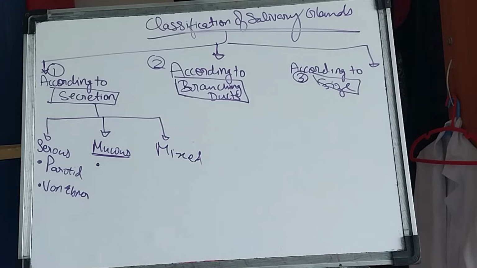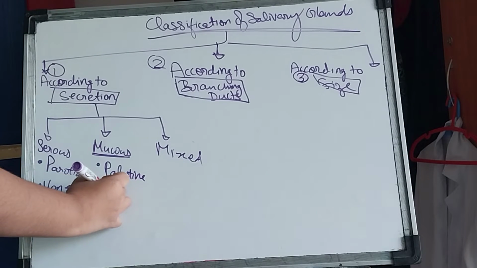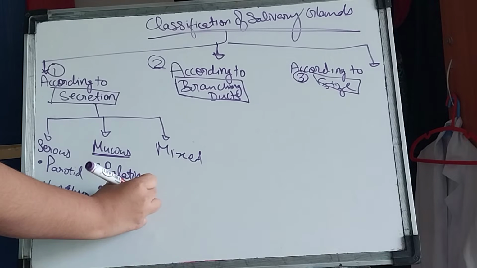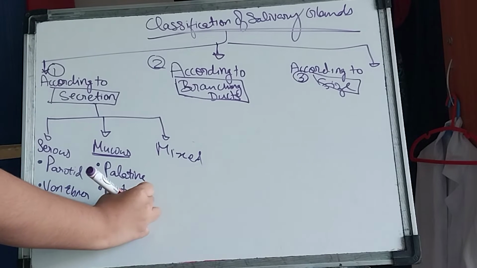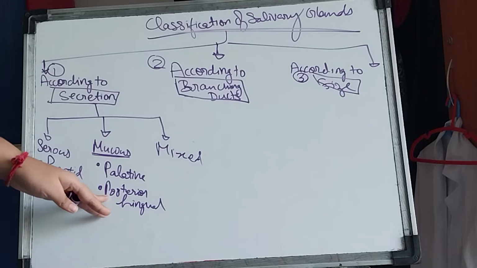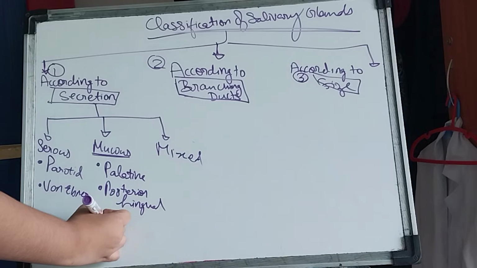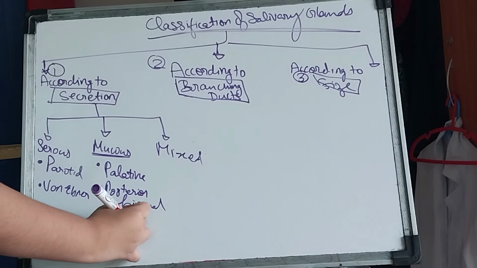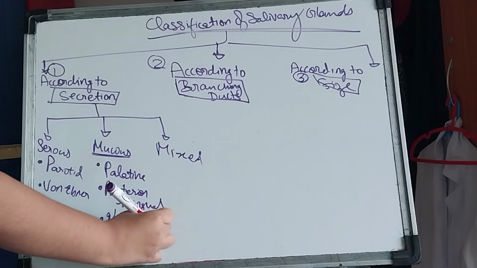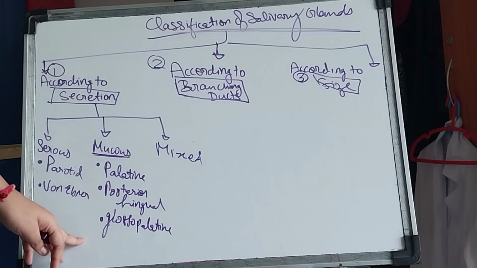The examples of the mucus type are the palatine gland, the posterior lingual gland, which is behind the tongue, as the name suggests, so it will be opening there, and the glossopalatine gland. So these were some examples of the mucus type.